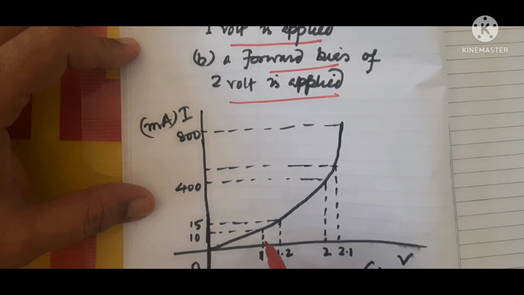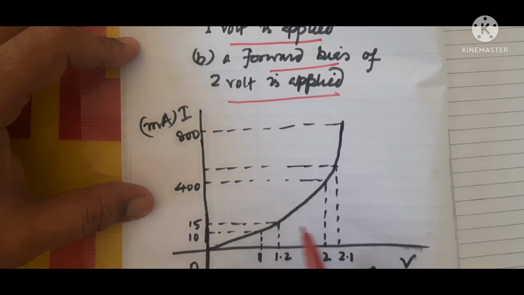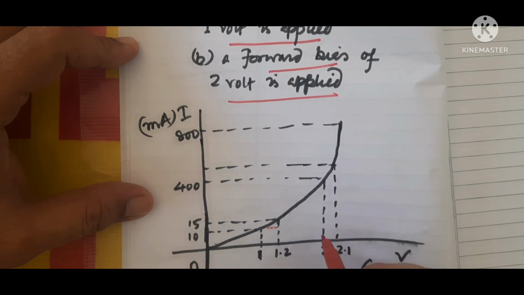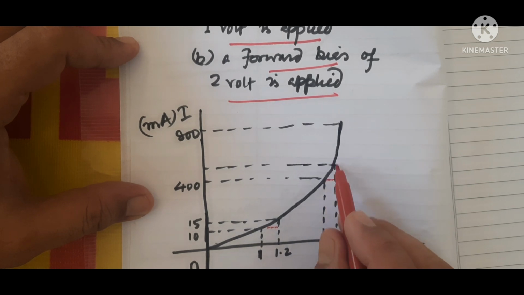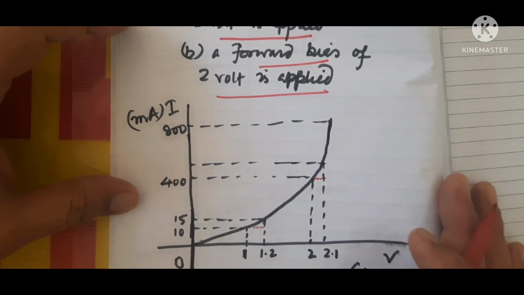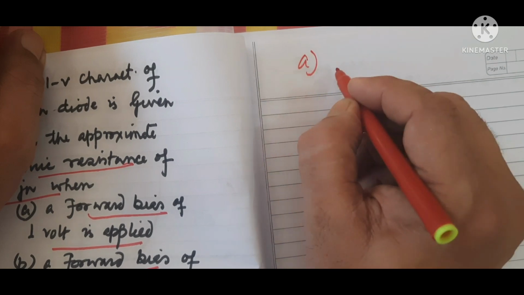So the first part is that 1 volt is applied, here 1, and the diagram is like that. We have to find the dynamic resistance, the resistance of this particular part, and in the second part also.